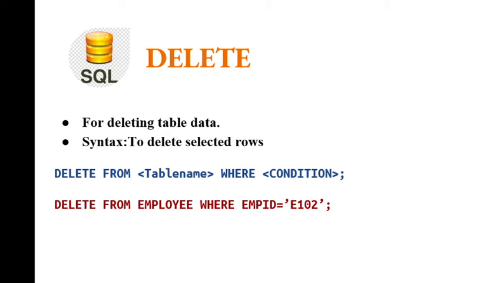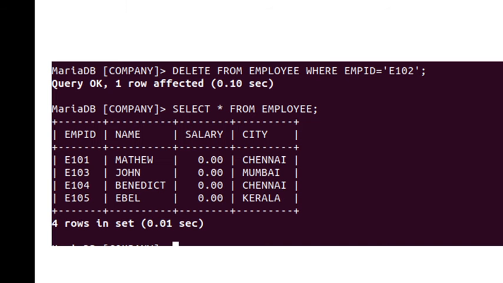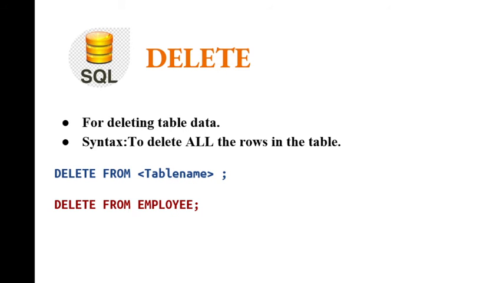This statement will delete data from selected rows. Delete from employee where EMP_ID equal to E102. This will delete the row where EMP_ID is E102. Then you can see in the table that there is no employee whose employee ID is E102.